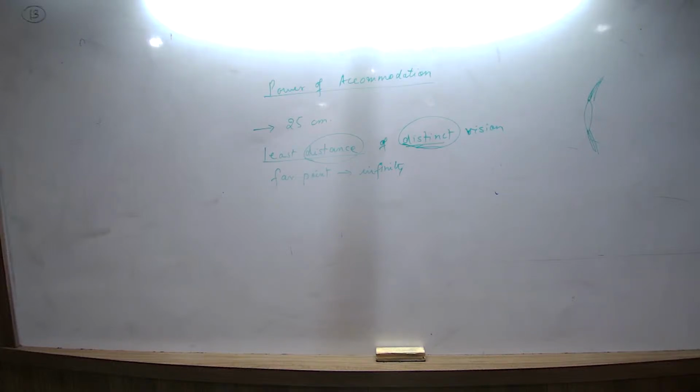I want you to also write down, how does a human eye change its focal length to see objects at various distances? That's your next question. How does the human eye see objects at varying distances? Try to recollect what you have to write here.